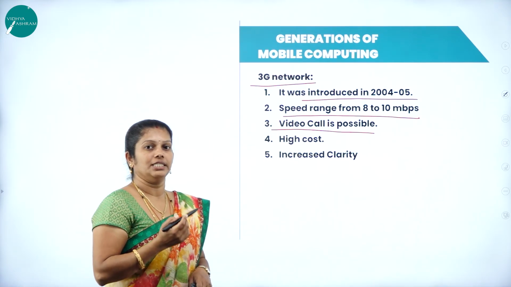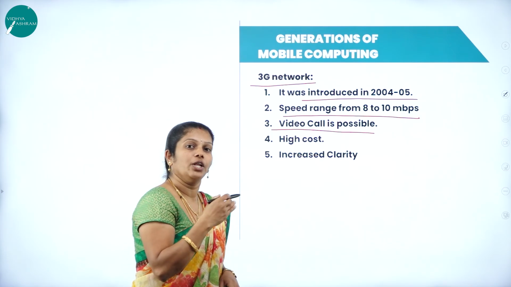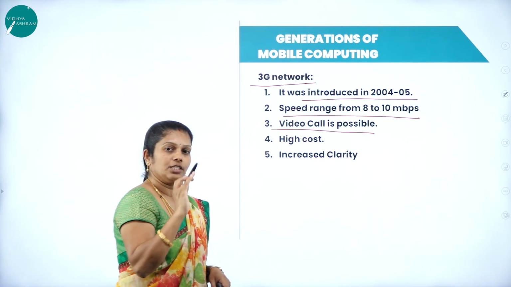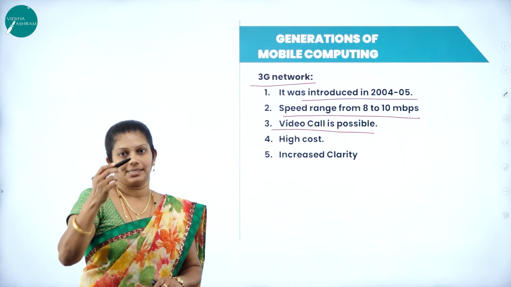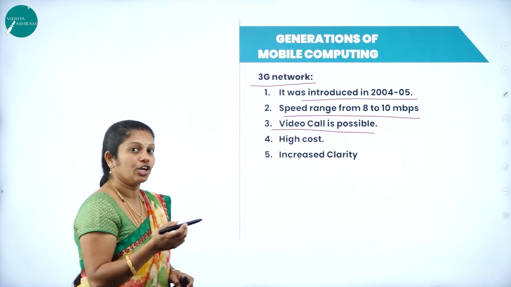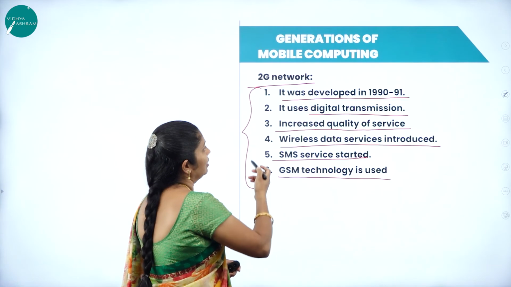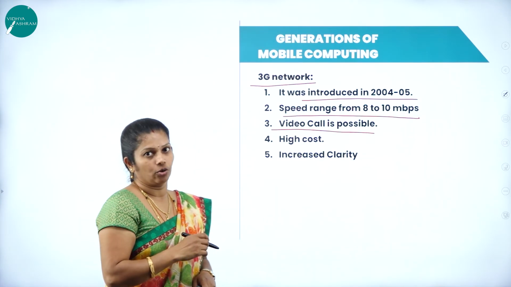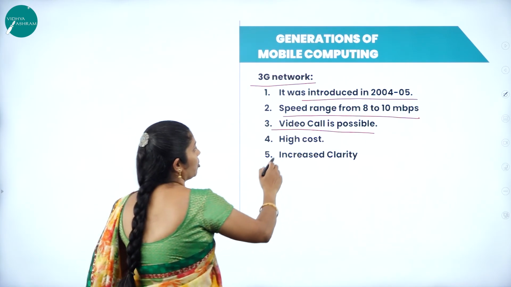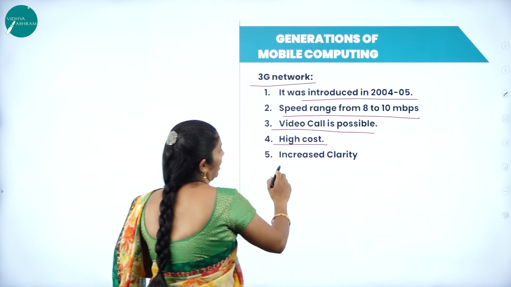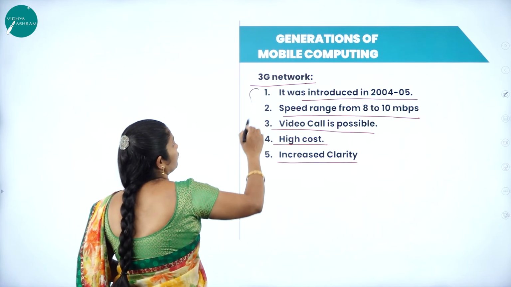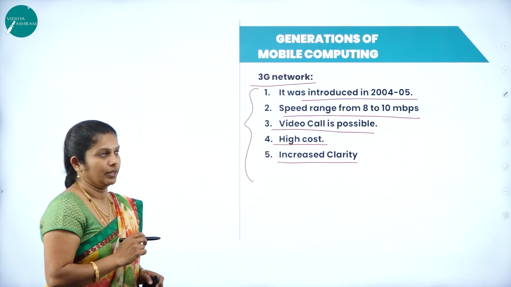In 1G, only voice. In 2G, voice plus messages. But when we come to 3G, we can perform video calls also. Cost wise it is very high, with increased clarity. These are a few features of the 3G network.